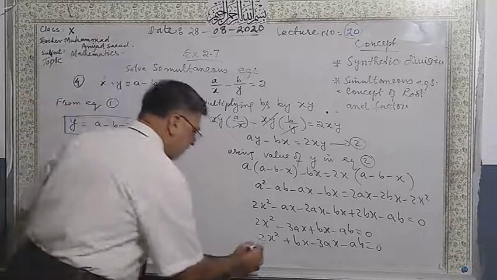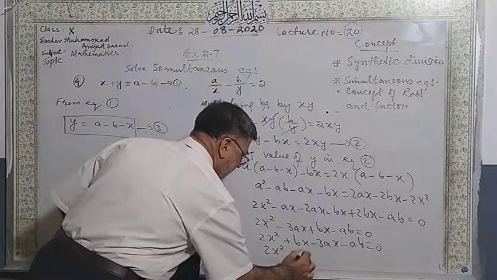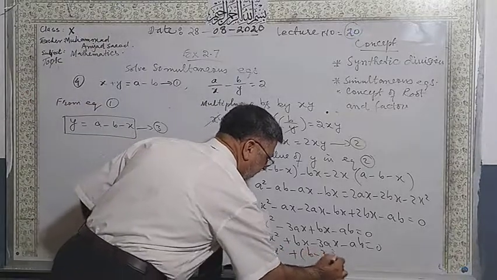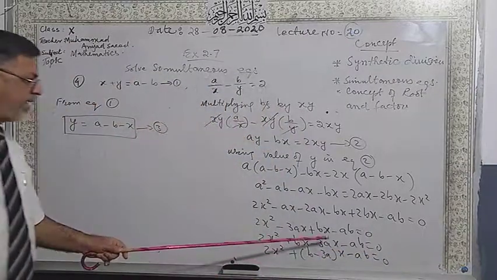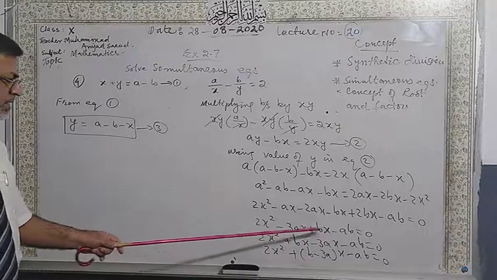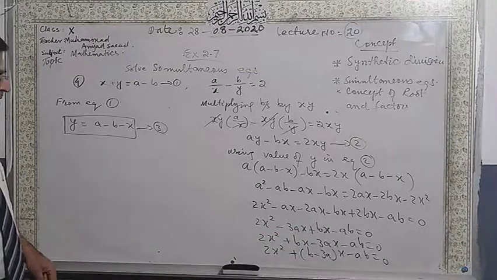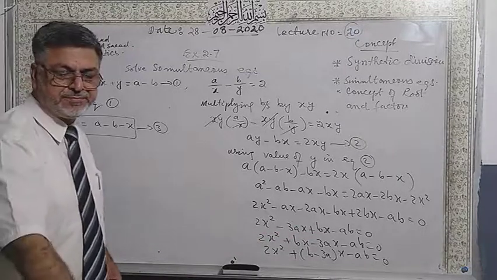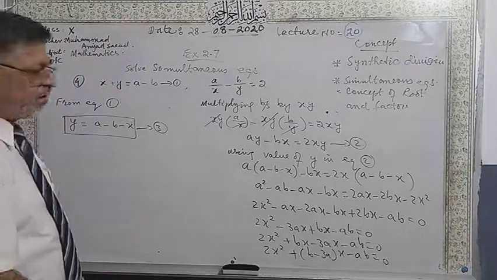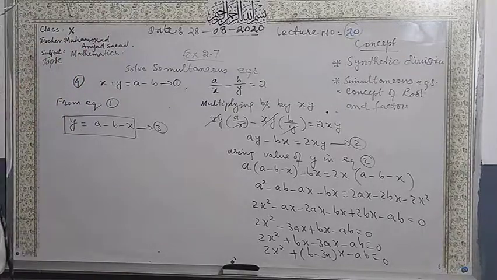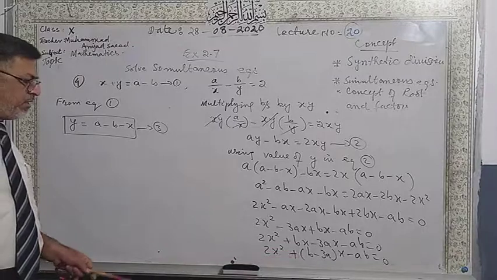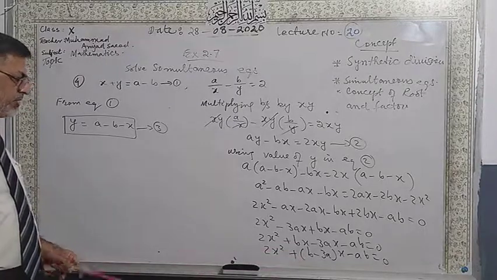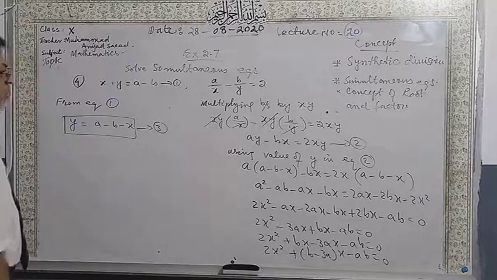Here you can have 2x square plus (b minus 3a) into x minus ab is equal to 0. So we have taken x common from the central two terms. After that, this is your standard quadratic equation.